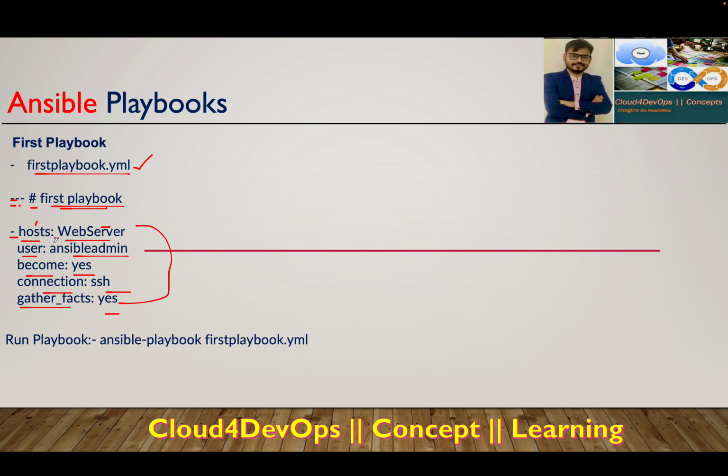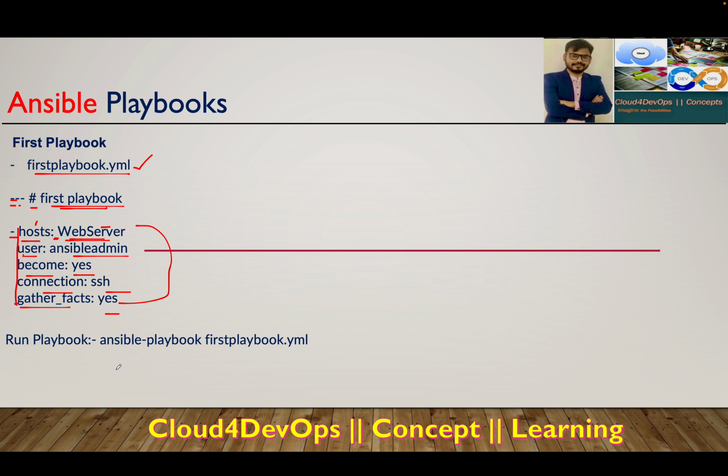Hosts, colon, then a space, then whatever the web server is. And then you have to follow the same indentation, same line over here. Then user, colon, which user you are trying to use. It can be Abhishek, it can be Rahul, or whichever user you have created, right? Become, colon, yes. Connection, colon, space, yes. Gather facts, colon, space, yes.